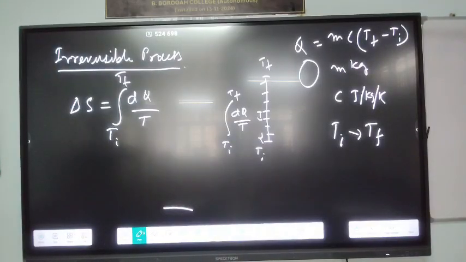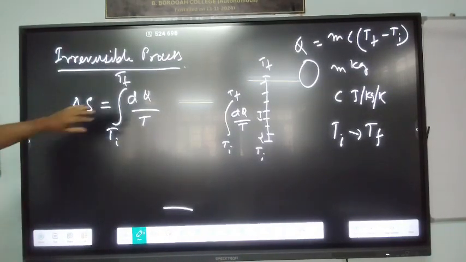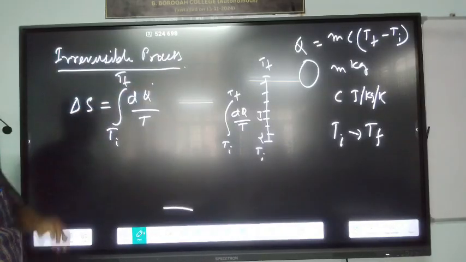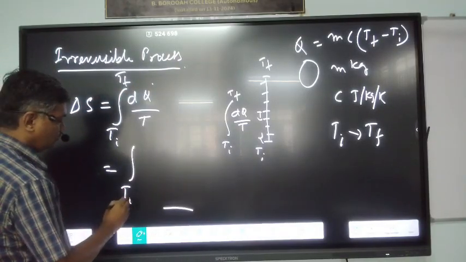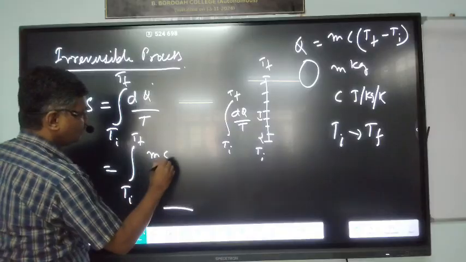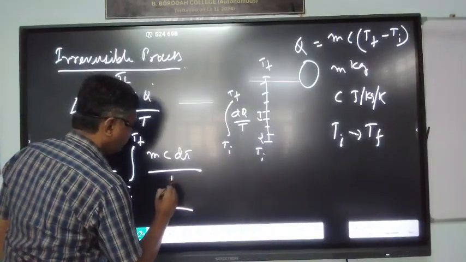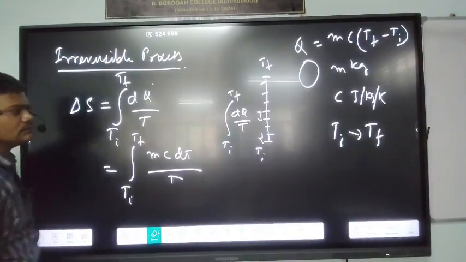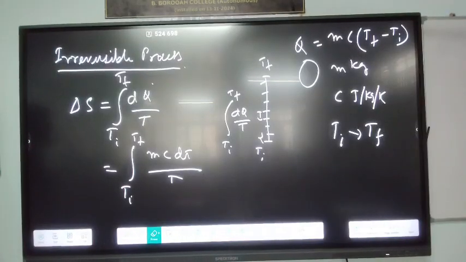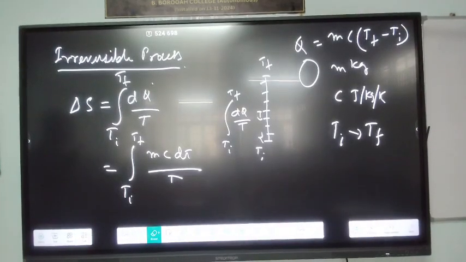Again I will take small steps. So for a small step I can write mc dT. So this dq I can replace by mc dT divided by T. Now if you integrate this, you will get ln of T, because m and c are constant.